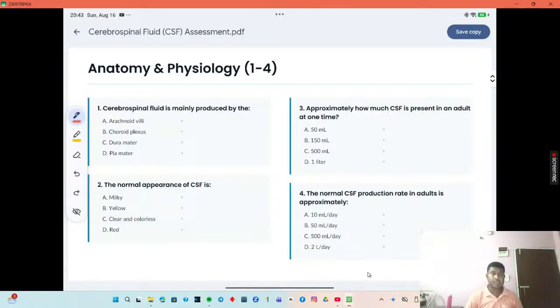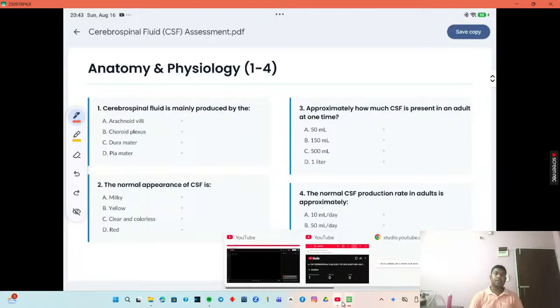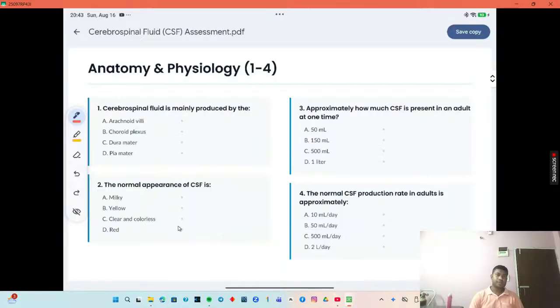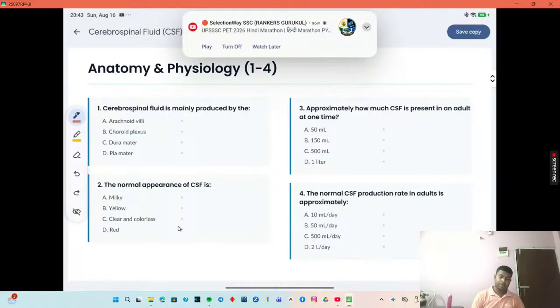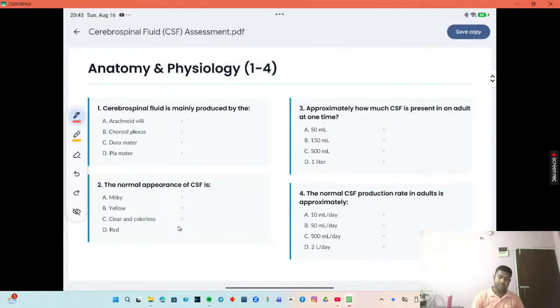Questions number 1 to 4 are based on the anatomy and physiology of CSF, that is cerebrospinal fluid. And the question is as follows.